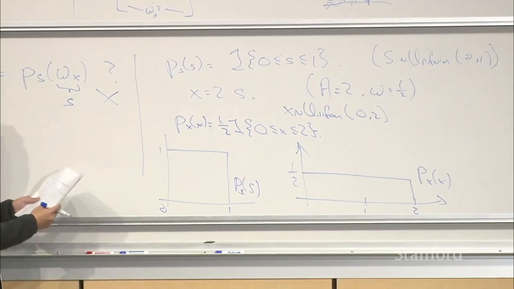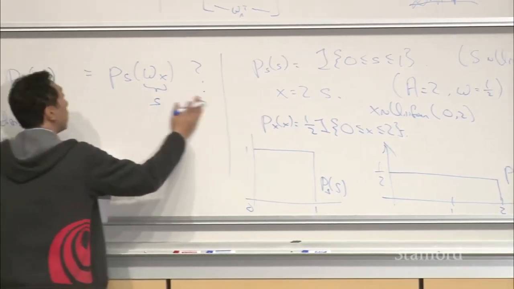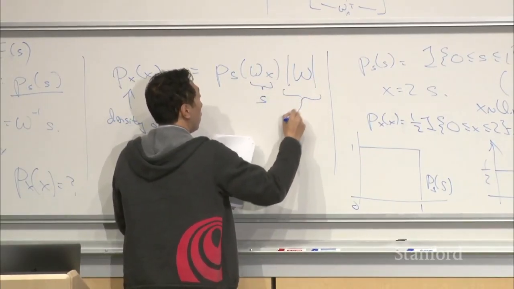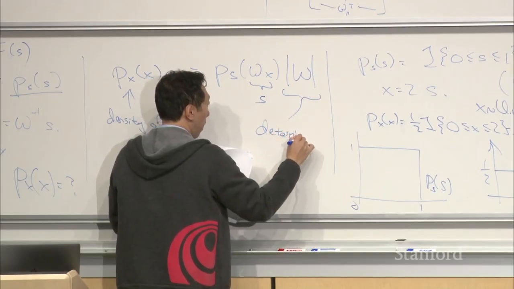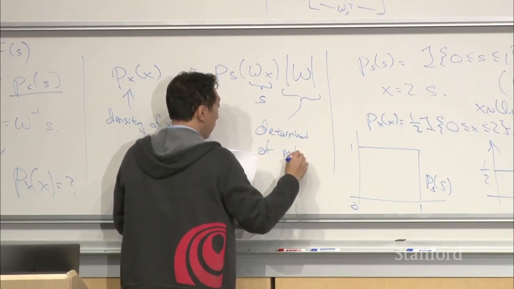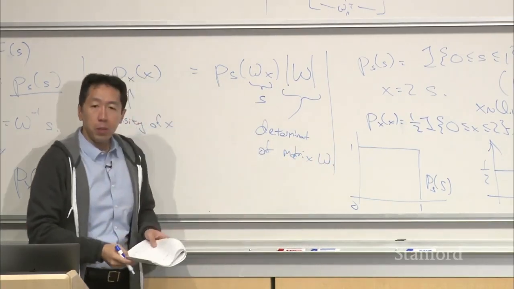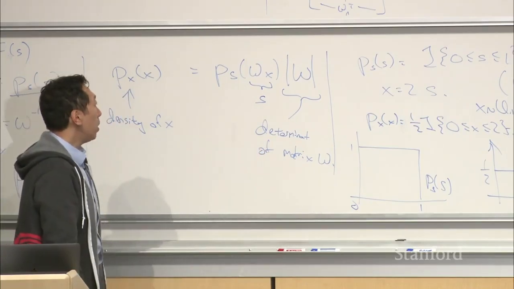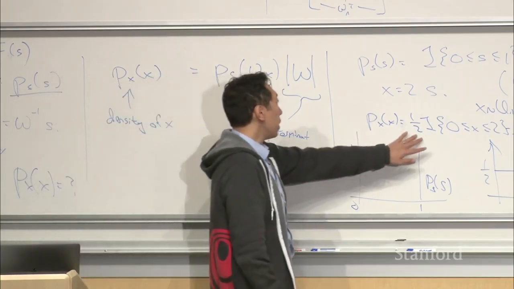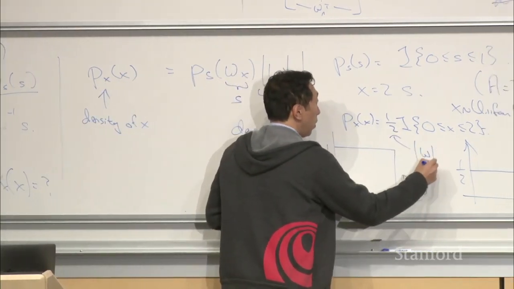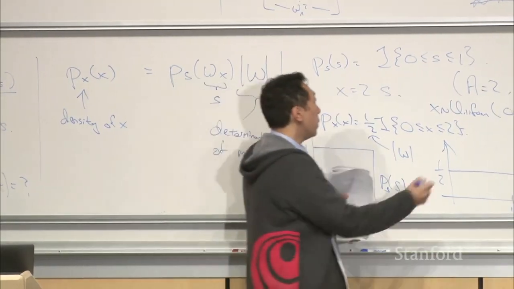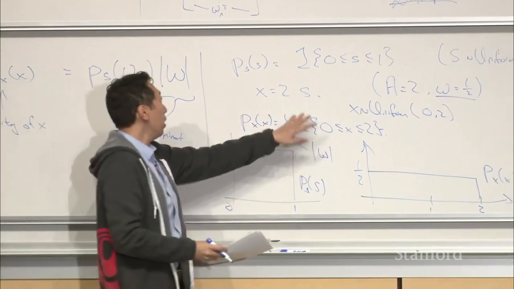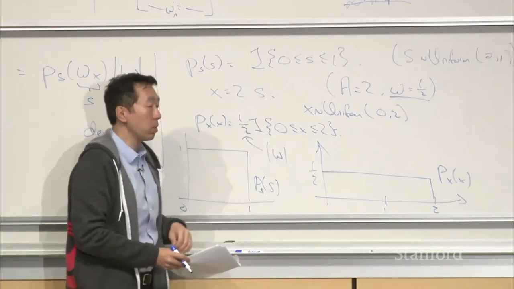And more generally, the correct formula for this is actually this times the determinant of the matrix W. In the case of a real number, the determinant of a real number is just its absolute value, which is why we have the density of x equals 1/2, that's the absolute value of the determinant of W, times the indicator whether 2 times s is within 0 to 1.